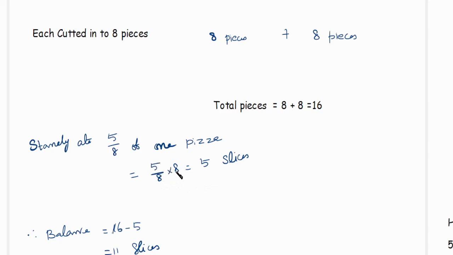So the balance is 16 minus 5. Since the two pizzas have 16 slices in total, 16 minus 5 is 11 slices. So this can be easily calculated mathematically too.